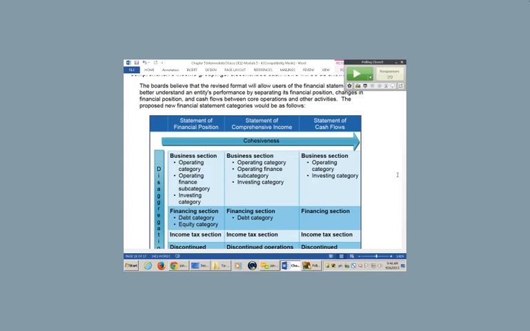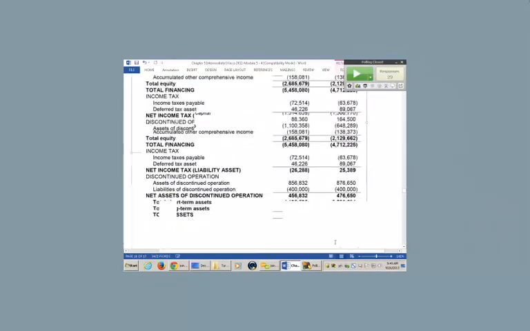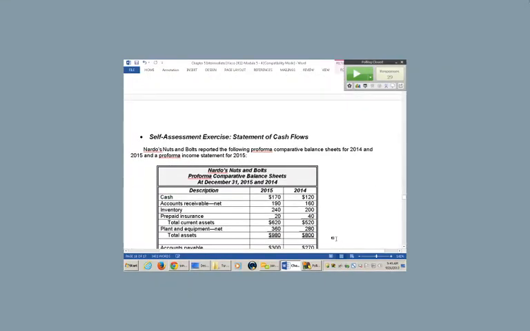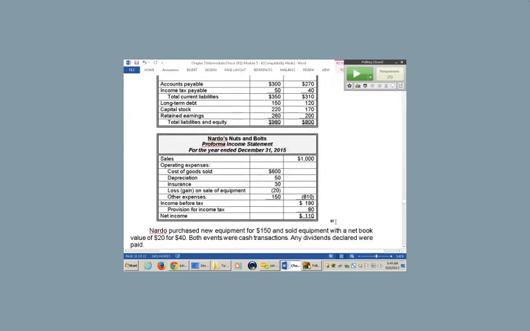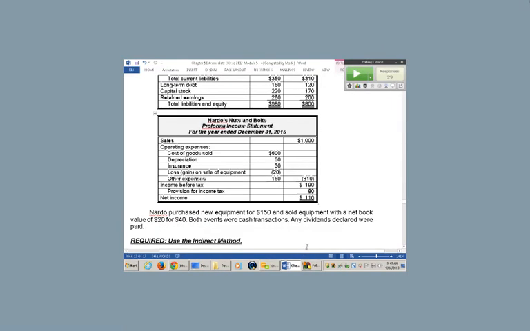Okay. All right, and finally, in this chapter, what I'd like you to do is take a look at the self-assessment exercise. It's very similar, though there are some differences from the question that we had. It asks for pro forma, which means projected, but that doesn't matter. It'll be the same thing.